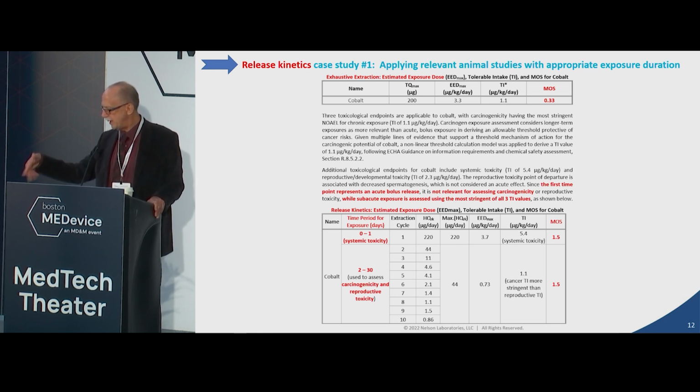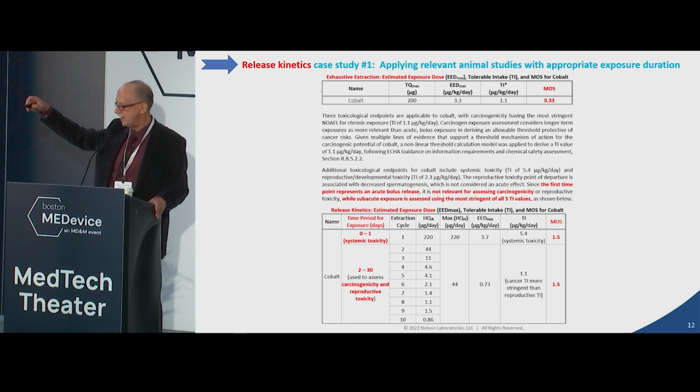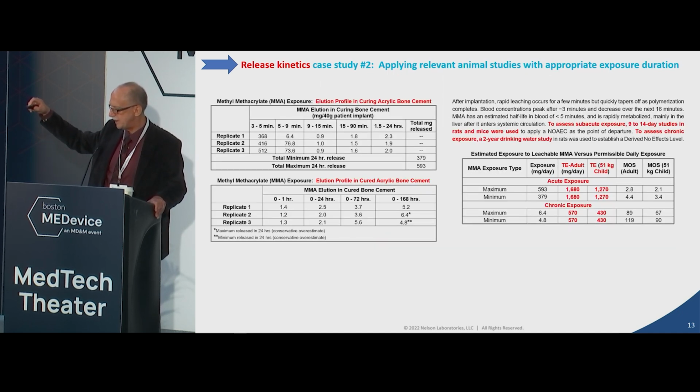And then the 2 to 30 day data points, we take the worst of them. So there's data points on day 2 all the way up to day 10. The highest is 44 on day 2. And the cancer TI is more stringent than the reproductive, so that's the most critical value to compare to. That also passes. So you can see using different studies or different endpoints can be effective with this release kinetics.